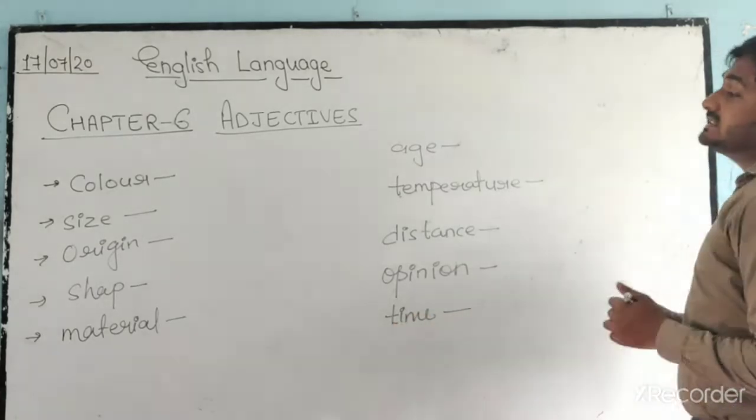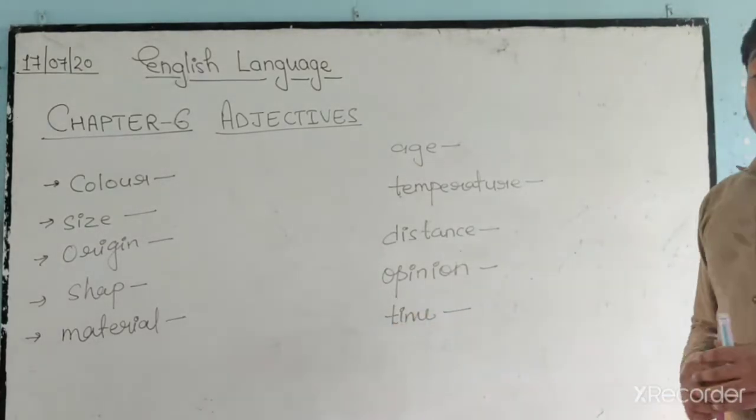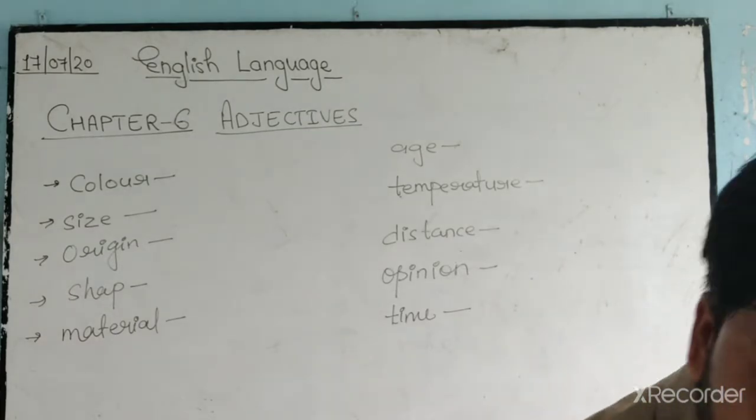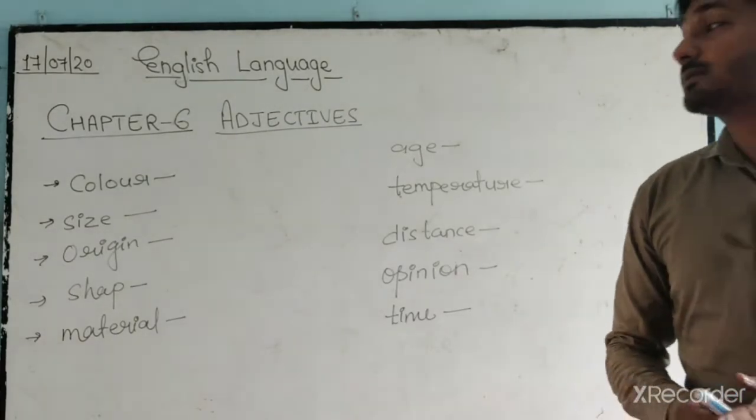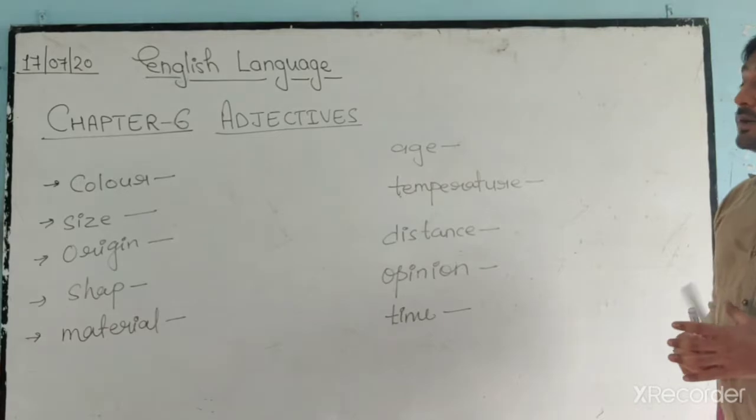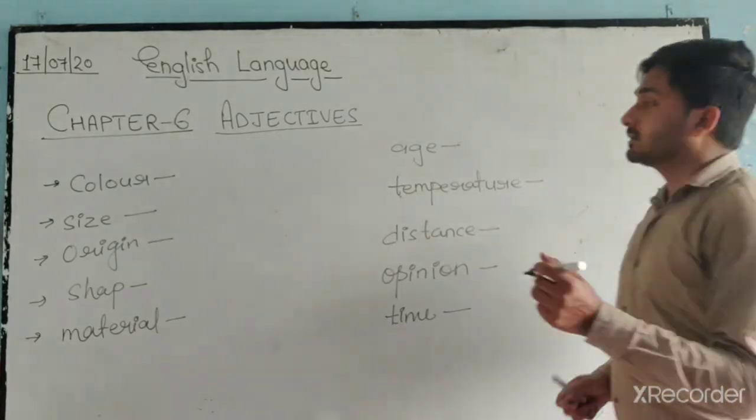These are the things on the basis of which we can describe a noun or pronoun.